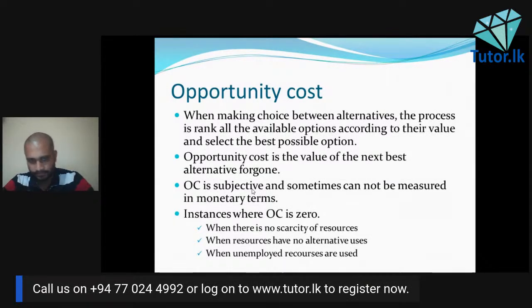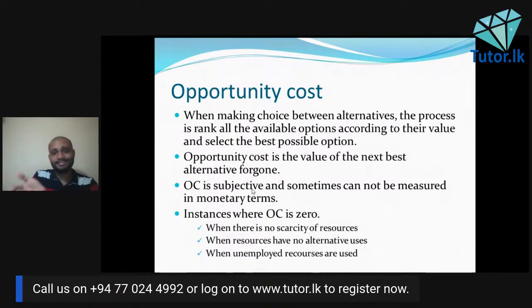In some cases, the opportunity cost is zero. Why does this opportunity cost arise? Because of scarcity. Because of scarcity, we have to make choices. When choices are made, I have to forego a certain option. The next best alternative I am foregoing is called the opportunity cost.